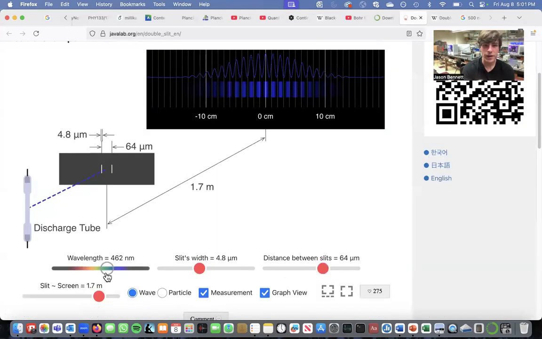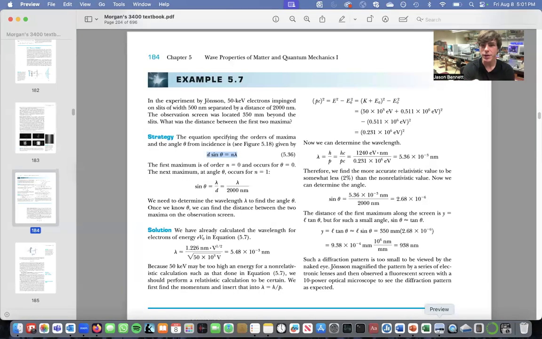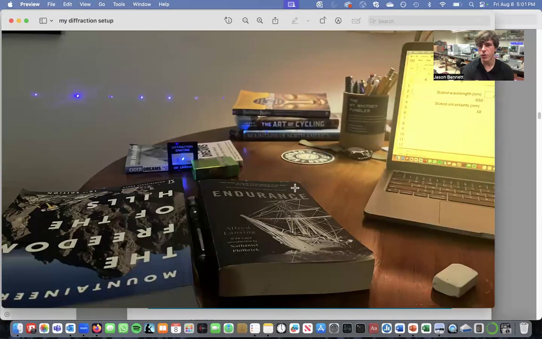However, if you put your diffraction grating very close to the wall, it may be hard to measure. In this picture of my setup, it's a little bit far away from the wall, on the order of half a meter or so.